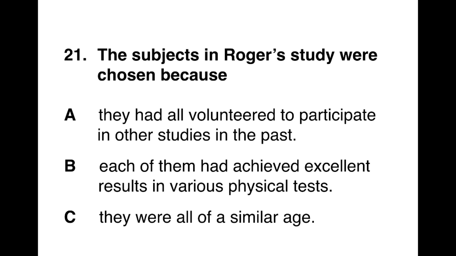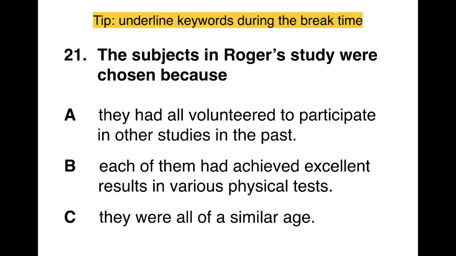And my tip that I gave in lesson 1, underline keywords during that break time. Let's underline some words and read the question together. So the question, the subjects in Roger's study were chosen because. So subjects chosen because, those are the key words. Then A, they had all volunteered to participate in other studies in the past.